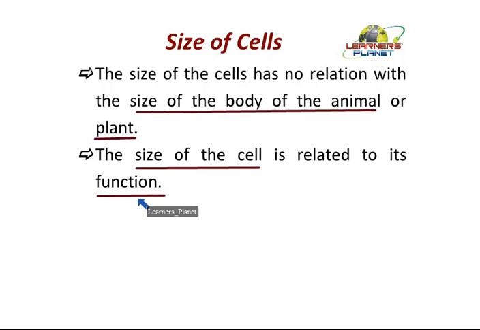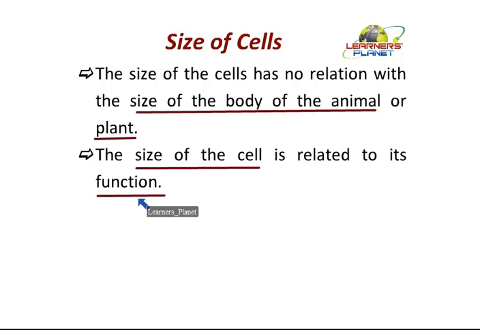Now further, we have said that this size is basically related to function. So can you think why these nerve cells are so long? We have already explained this point. The reason is that it has to communicate and coordinate the different functions of the body. So it has to cover the entire length of the body, and this is why it is the largest cell. Alternatively, if we compare the size of the sperm, then it is too small.